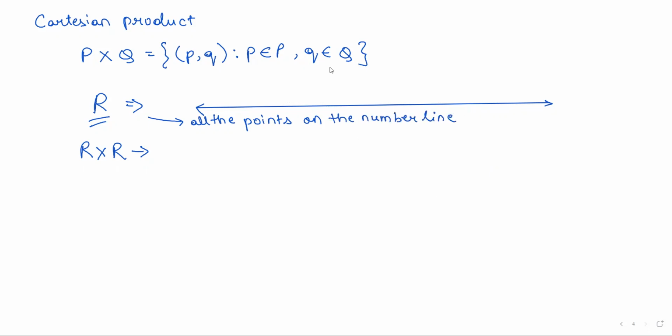So, consider this as the set of (a, b), or (a, a), where a belongs to R. Now a can have any value on the number line. Logically speaking, this is all the points on your graph paper.